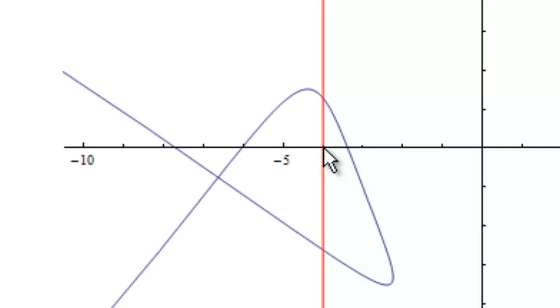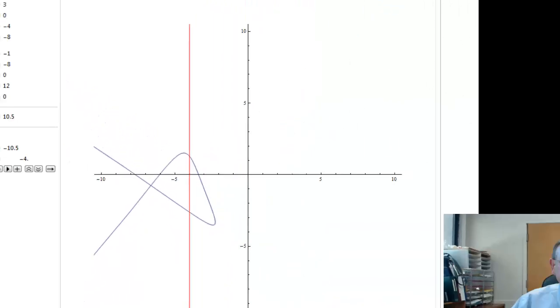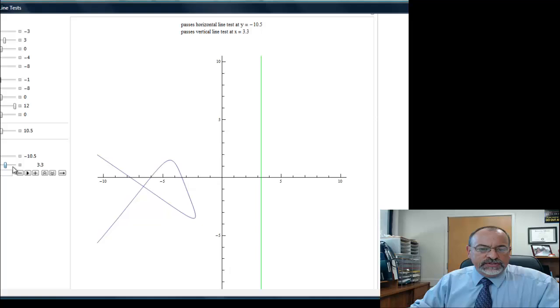So this one x value of -4 could give me this y value here or this y value here. Because I can get two y values using one x value, this would not be a function. So we can use the vertical line test to help us tell that.